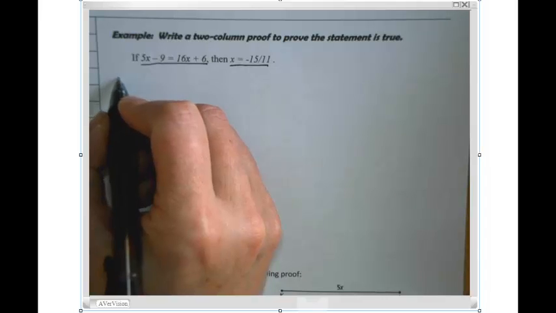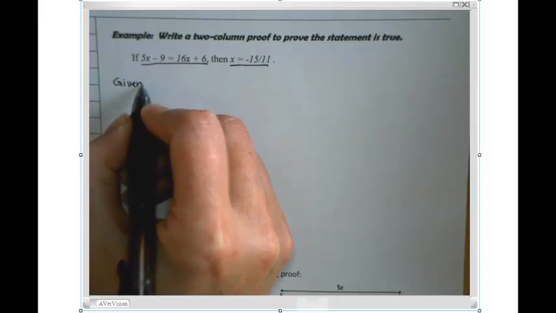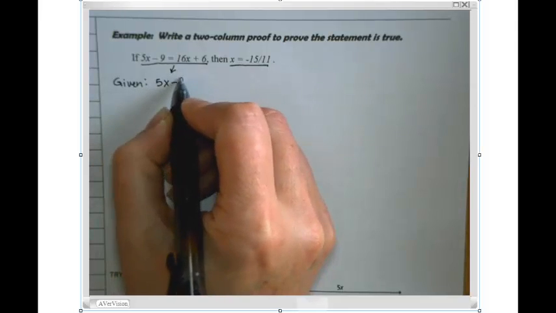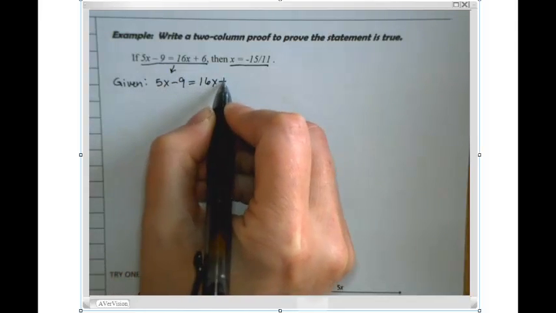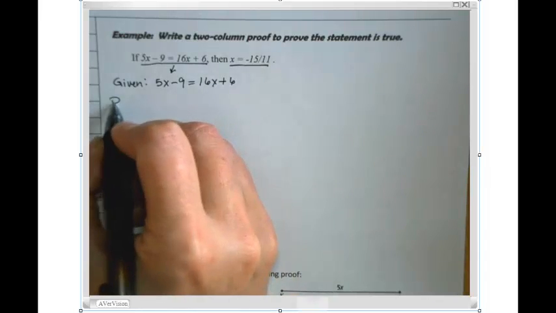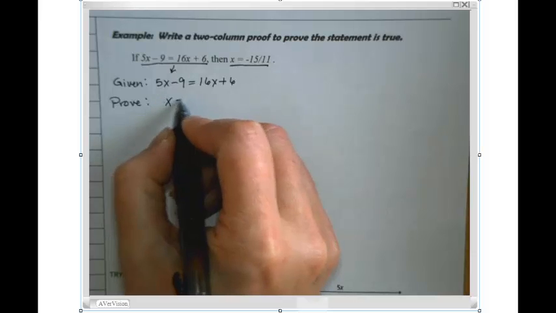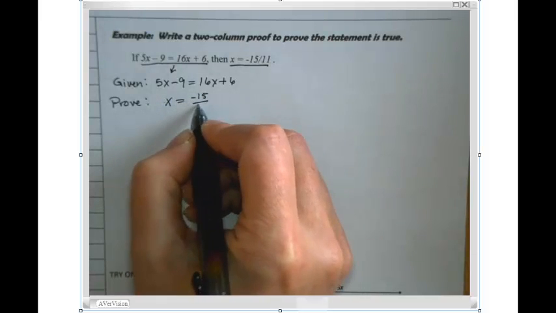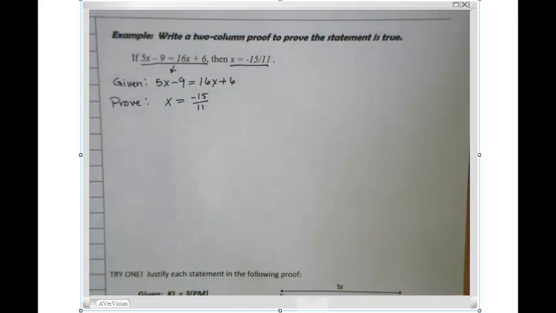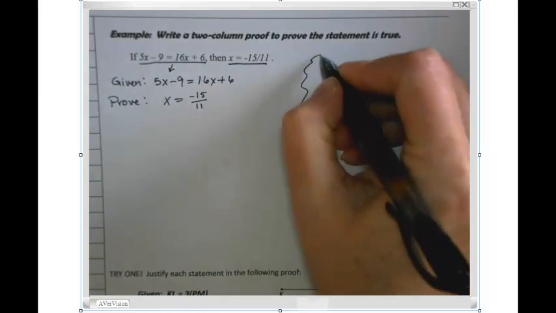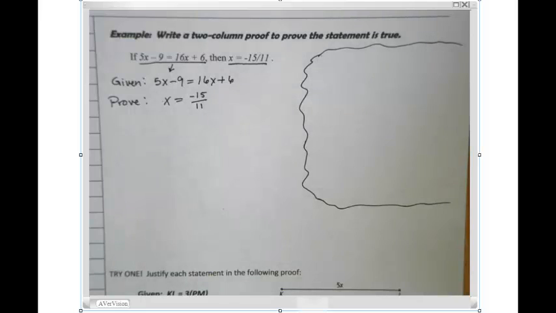So in our two-column proof, we always write down what's given to us. Again, that's always the hypothesis, so that's going to be the 5x minus 9 equals 16x plus 6. And we're going to prove in the end that starting with that is going to lead us to x is equal to negative 15/11. Now there's not a diagram for this one, but over here I am going to use a little bit of scratch work so that I can talk myself through this.